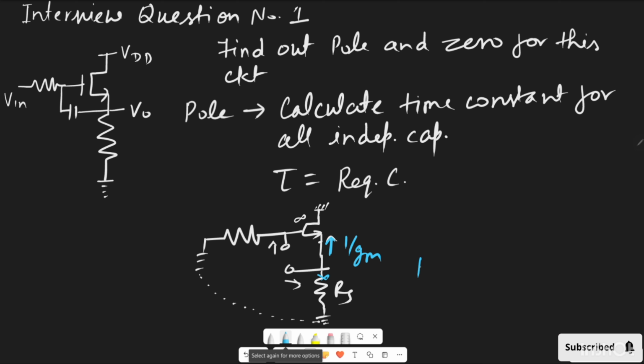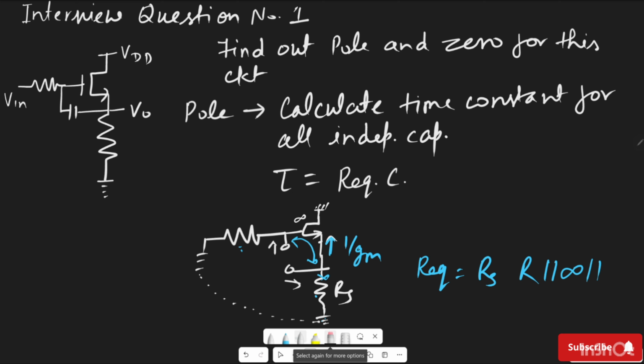So the R equivalent, if you see, this R and this Rs will be in series, because these two terminals are connected, and this path is coming in parallel. So it will be the parallel of the infinite impedance of the gate plus Rs, in parallel with 1 by Gm. This is in parallel from this node.